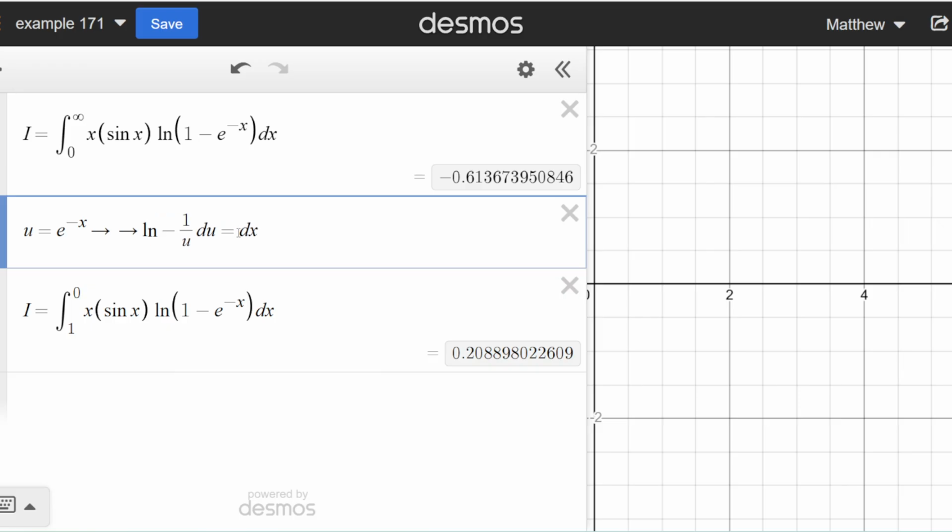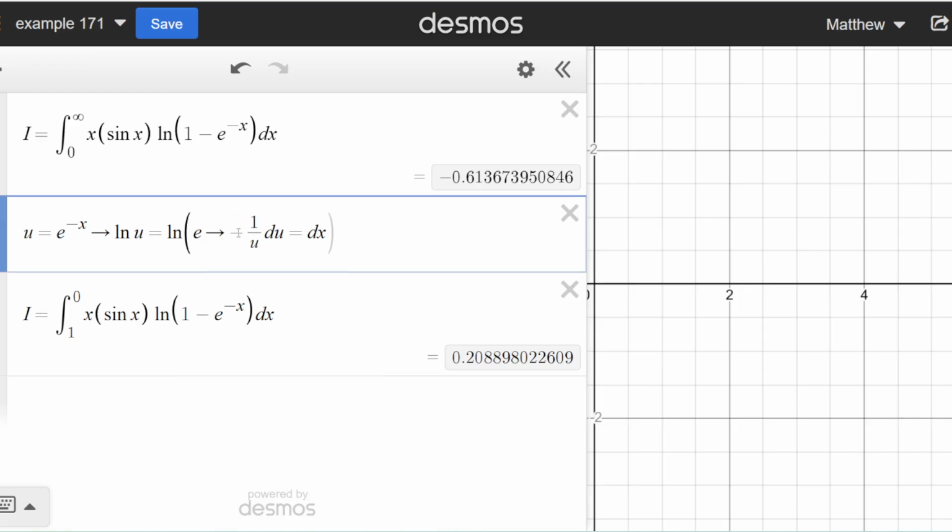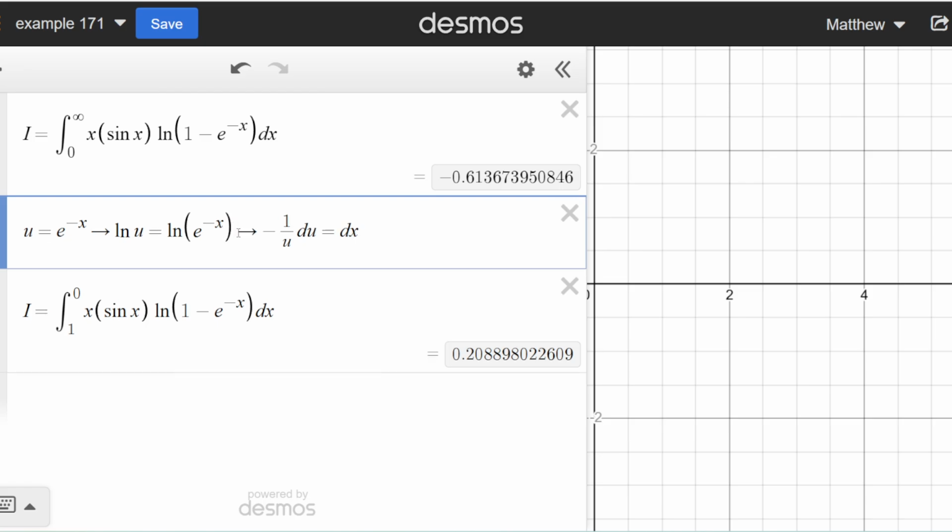Well, this implies that natural log u is equal to natural log of e to the negative x. And of course, this negative x can come right outside, and natural log e is, of course, 1. So, x is negative natural log u.